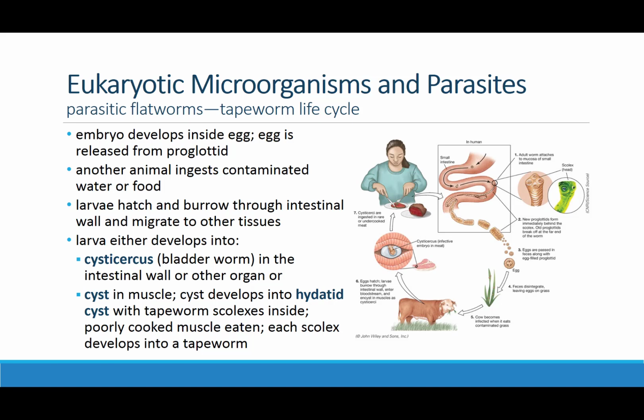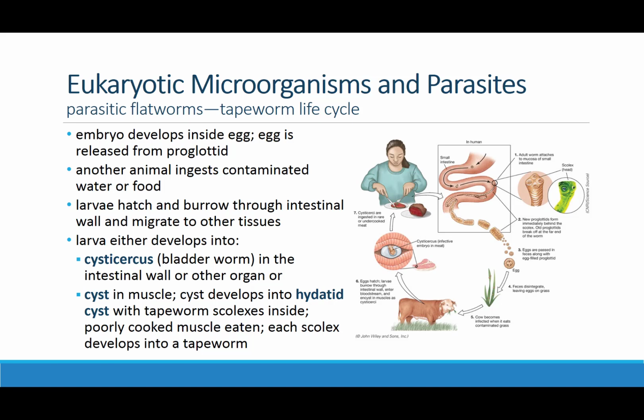And if the meat isn't cooked fully, or say you're eating, what is that raw hamburger dish? Oh, I can't think of the name of it. But if you eat muscle that's been infected with these cysts, then now the parasite is inside your digestive tract.